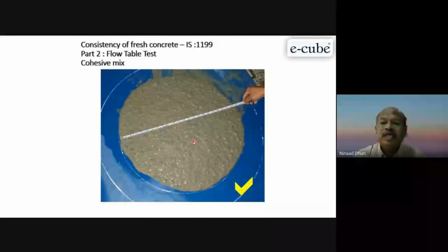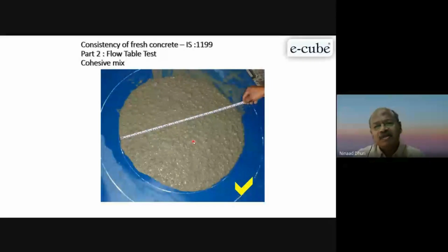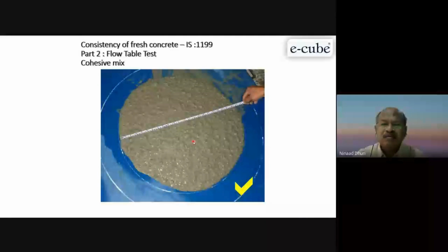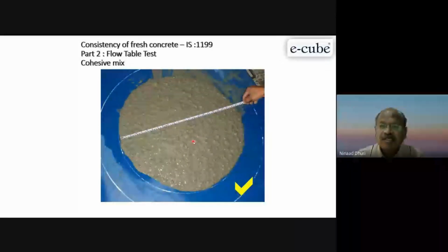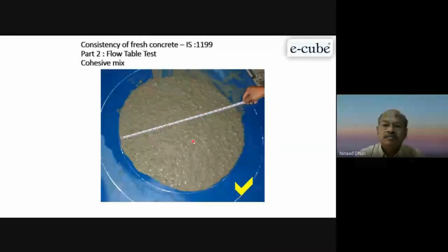It's very difficult to get the slump, except in very few projects. Suppose I am working on pavement quality concrete, PQC, where you are using pavers. There, this concrete is not applicable, not advisable rather. So better you go with the slump concrete.